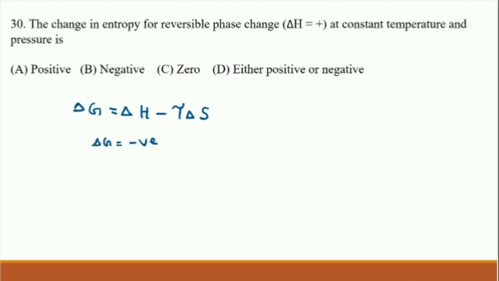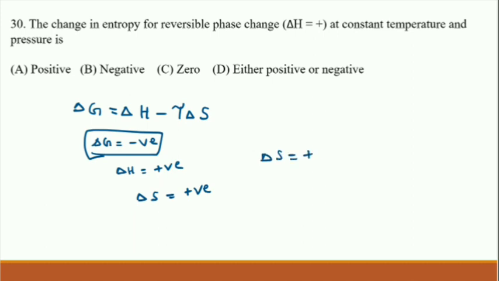If delta H is positive, then delta S should be positive to make delta G negative. And also another law is that delta S is always positive in the universe. So the right answer is positive. Delta S should be positive.